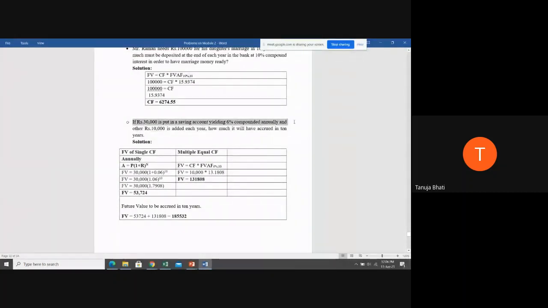Can anyone tell me for the first part of the question which formula I am supposed to use? They are asking how much it will accrue in 10 years, which means they want to know the future value.